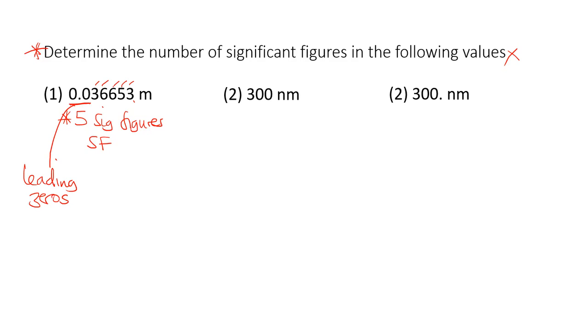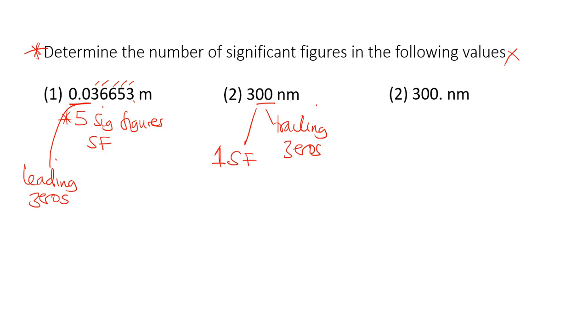Because we don't have a decimal point on number 2, these ones are trailing zeros. So trailing zeros are not significant, which means this value has 1 significant figure.